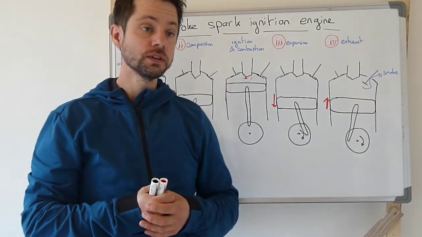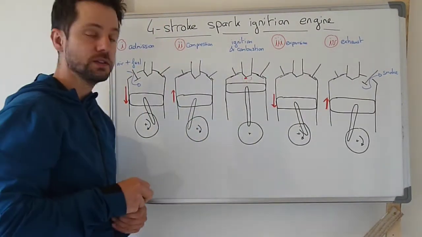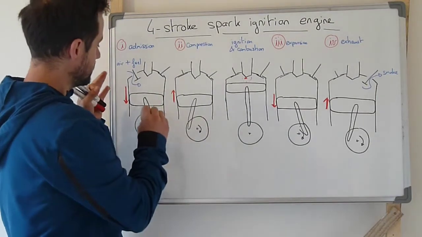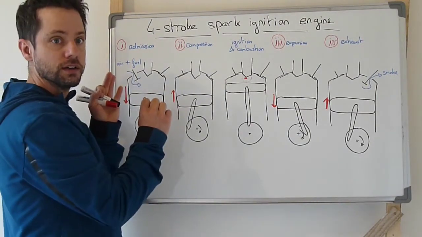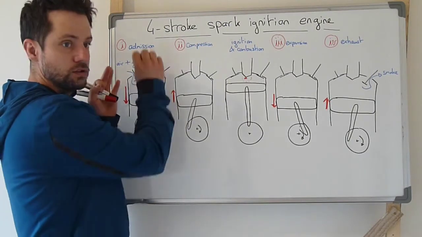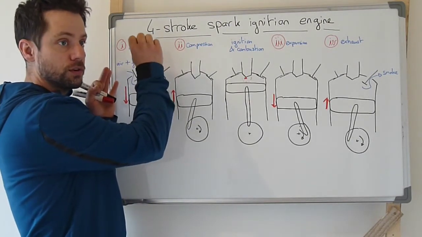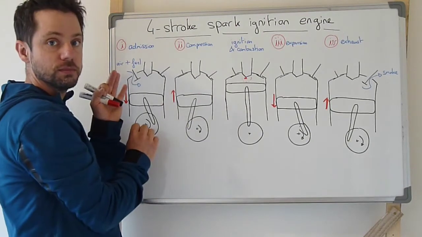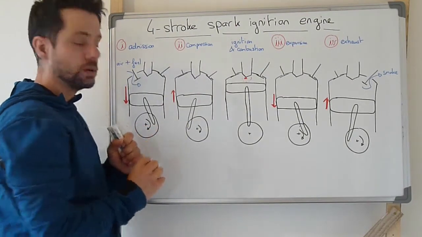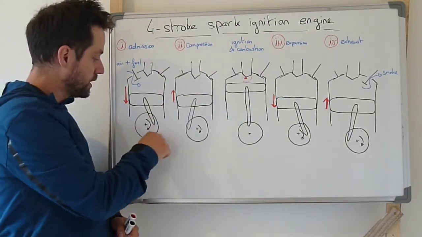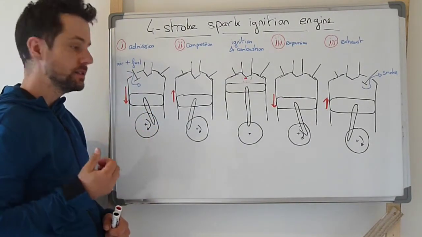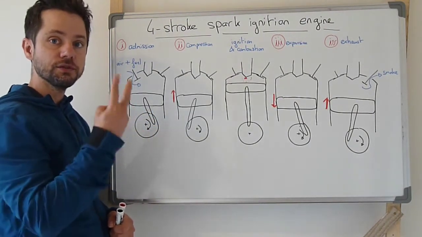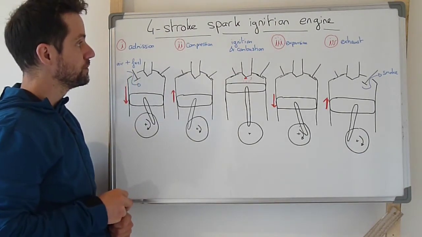A stroke corresponds to movements of the piston inside the cylinder, either from the bottom dead center to the top dead center, or from the top dead center to the bottom dead center. So if we have one full rotation on the engine axis, it means that we have two strokes involved.